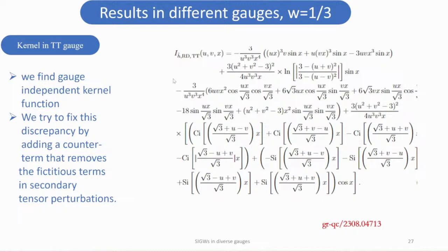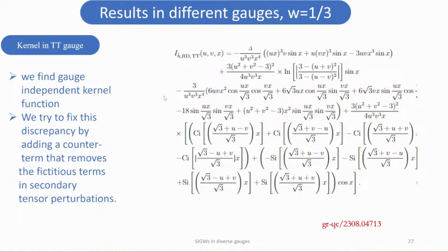You can see it almost coincides with or is similar to the previous Newtonian gauge result. So here we find the gauge independent kernel function. We try to fix this discrepancy by adding a counter term that removes the fictitious terms in the secondary perturbation. You see, this is the result after using the counter term.